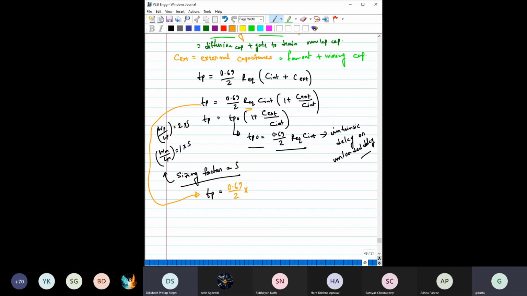Is R equivalent not dependent on ID? Is ID not dependent on W? Sir, but in ID the formula was like W by L, right? It was dependent on the W by L ratio.